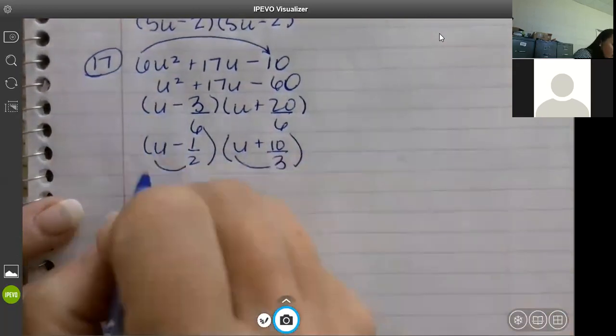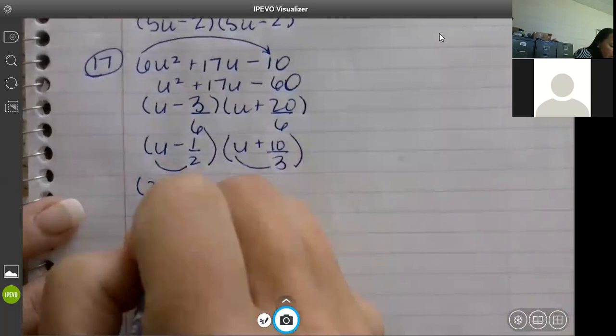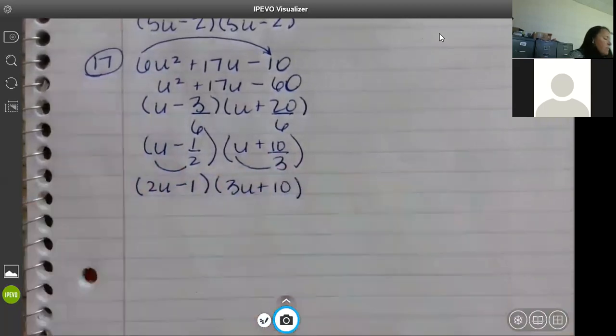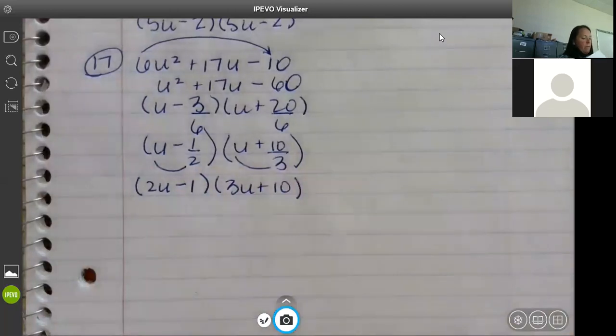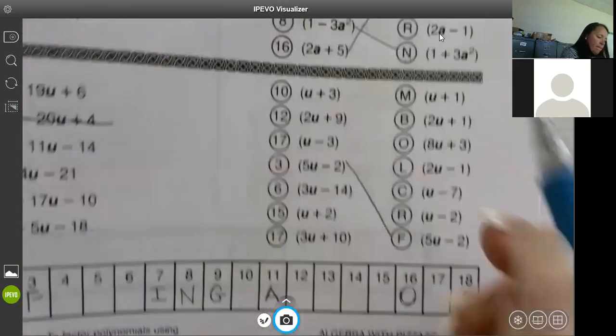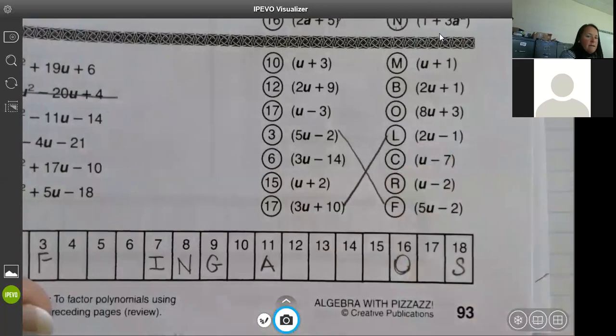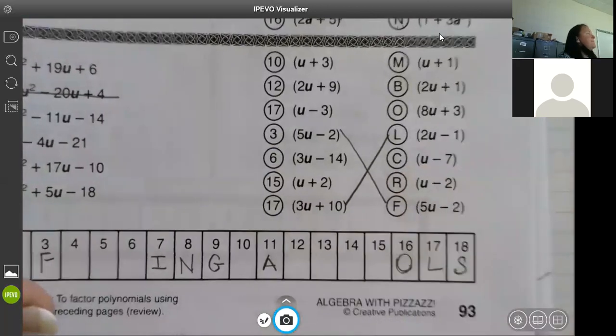So we move those bottom numbers up. 2u minus 1 and 3u plus 10. So 17 is L.